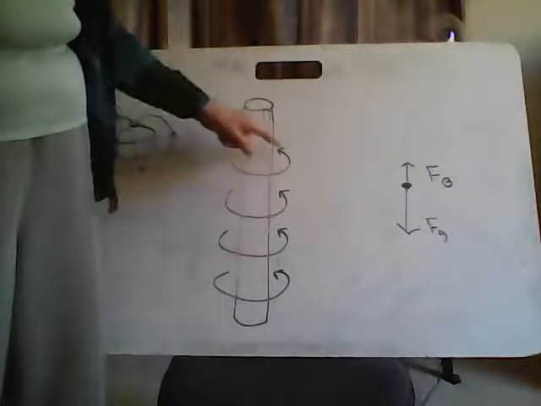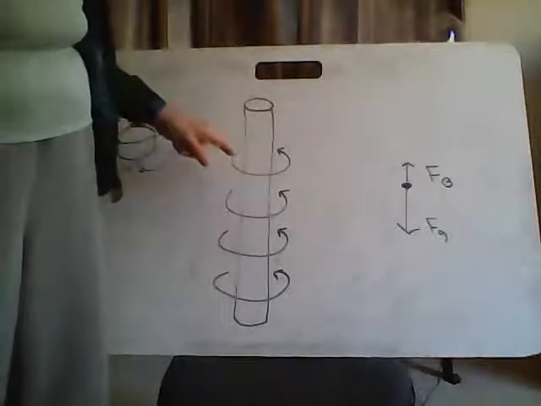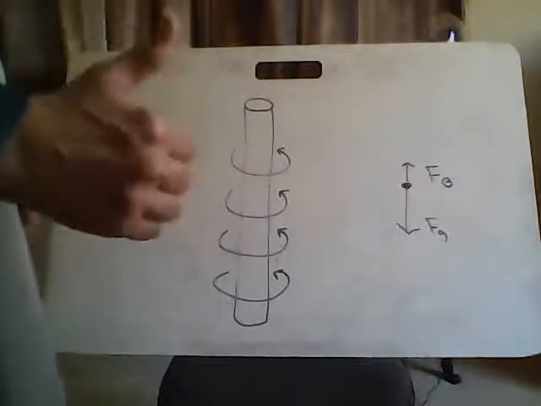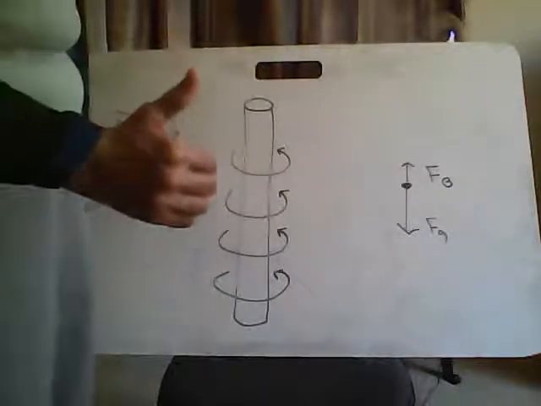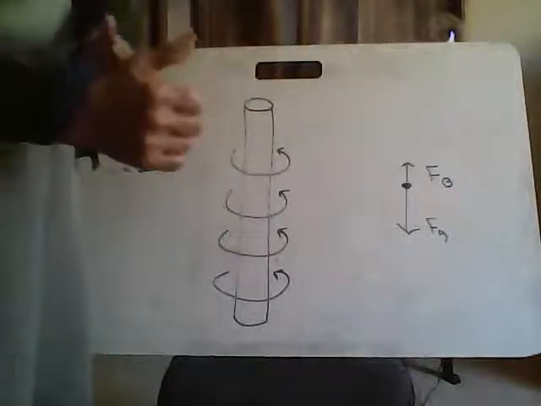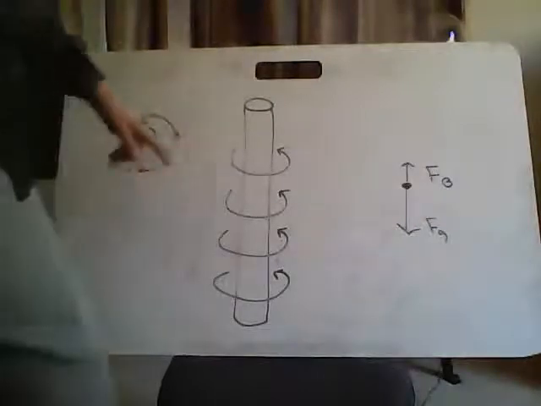That electric field wraps around the pipe, and that electric field is inducing a force. Using the right-hand rule, we know that the fingers curl around in the direction of the electric field and the thumb points in the direction of the force.